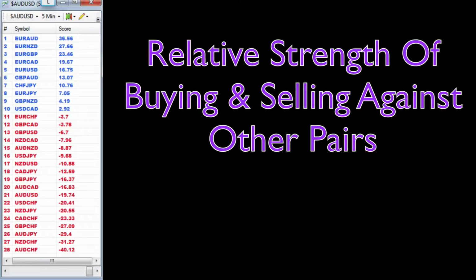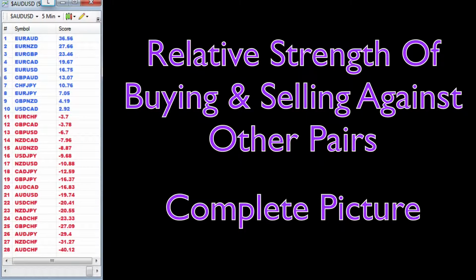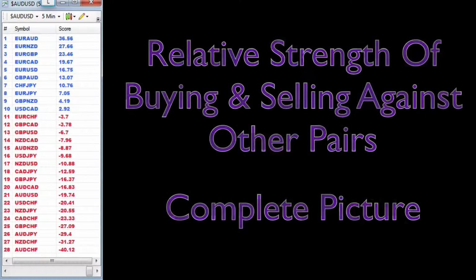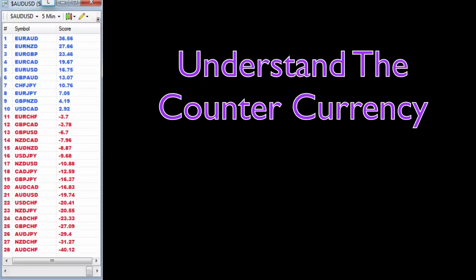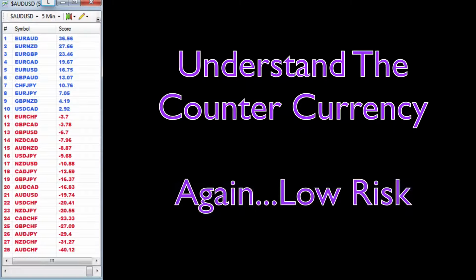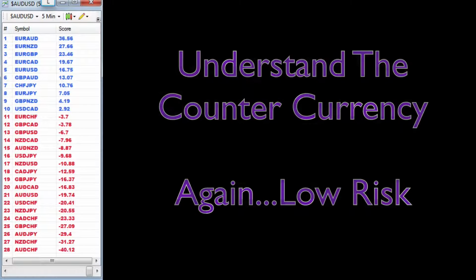Second, if you know the relative strength of this buying or selling against all the other currency pairs, then this gives you the complete picture. If it's strong, then again, it's low risk. Third and last, if you know what the counter currency is also doing in terms of strong or weak, then once more, if it's strong, it's low risk.